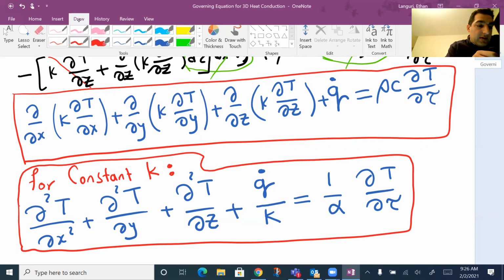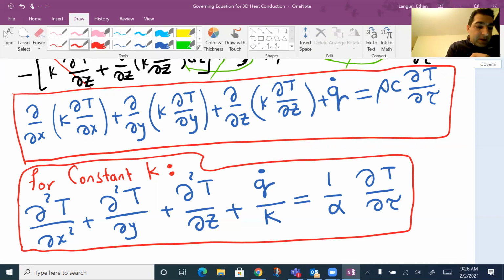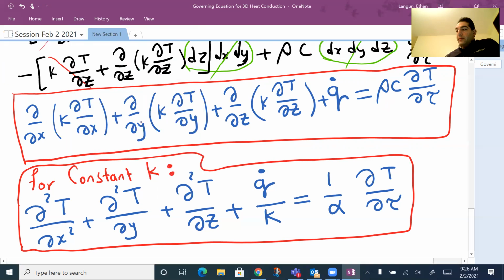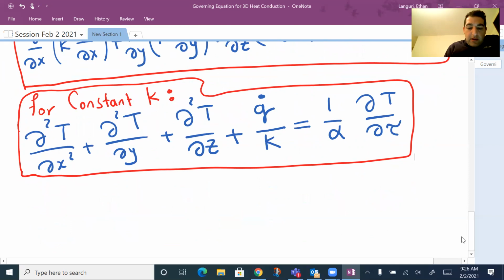I'll talk about it in a second. So thermal diffusivity, we already defined this, but thermal diffusivity is alpha, which is nothing but k over rho c, right? So this is called thermal diffusivity.